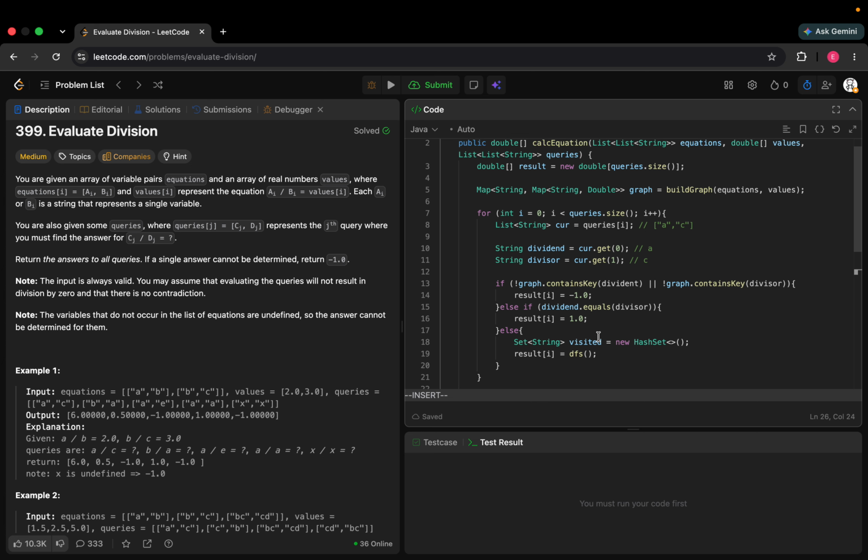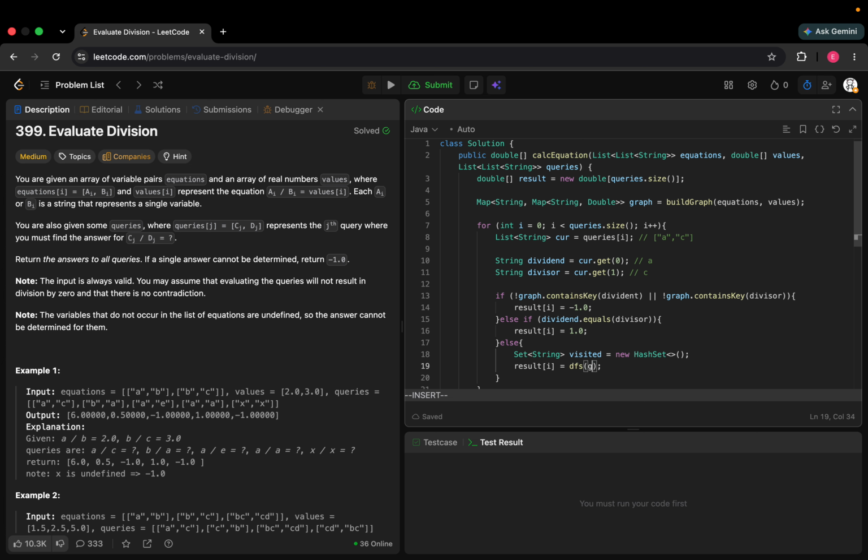I need input the graph, dividend, divisor, and product, and the result. Should I read out divisor?